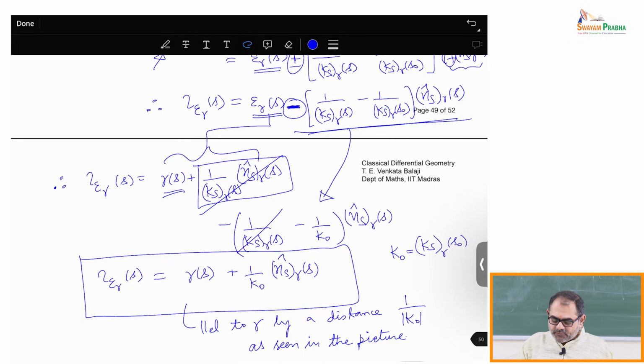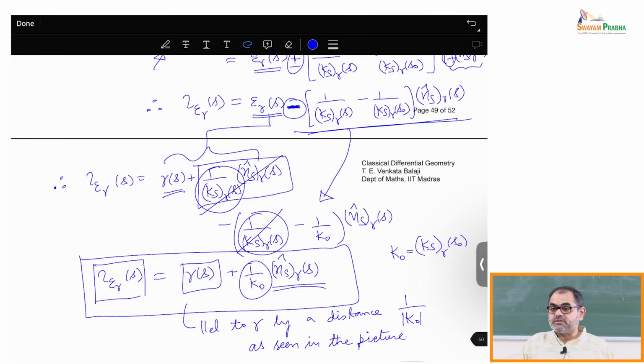If you do that, you see that the involute of the evolute of gamma is gamma plus a constant times the normal to gamma, and that is precisely the expression for a parallel curve. And it's very, very important that this other coefficient cancels out, because the other coefficient is a variable.